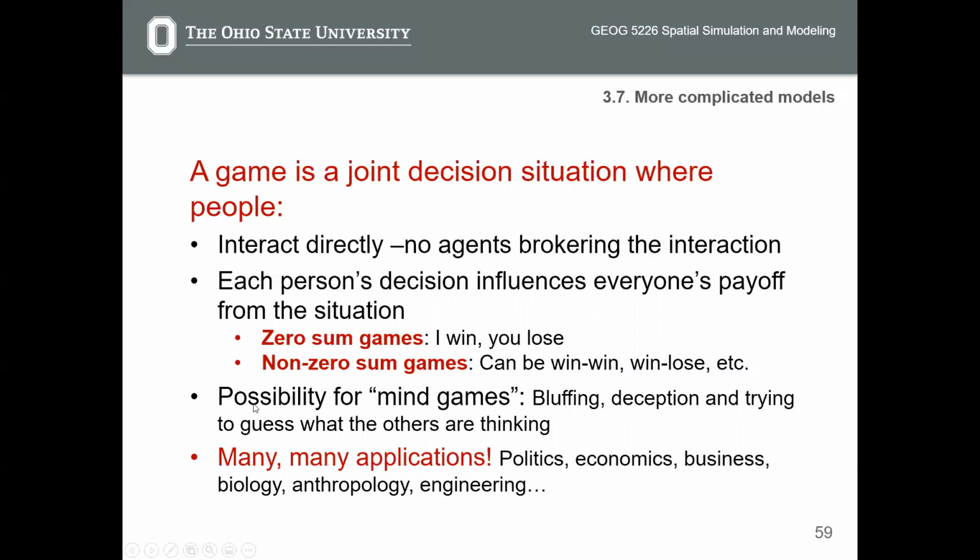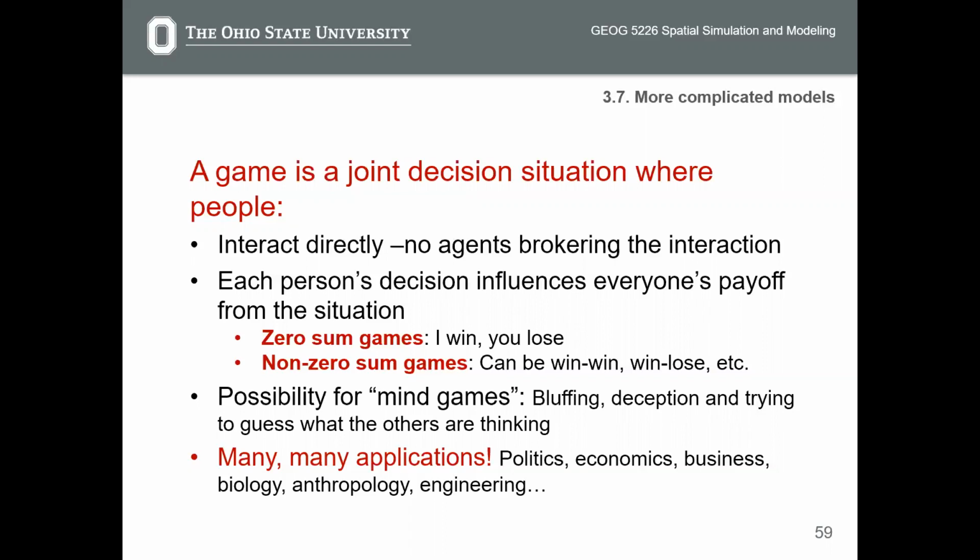Okay, and there is possibility for mind games, bluffing, deception, and trying to guess what the others are thinking. This is happening widely in gambling games, Texas Hold'em, or dice games, right? There is always bluffing, deception.